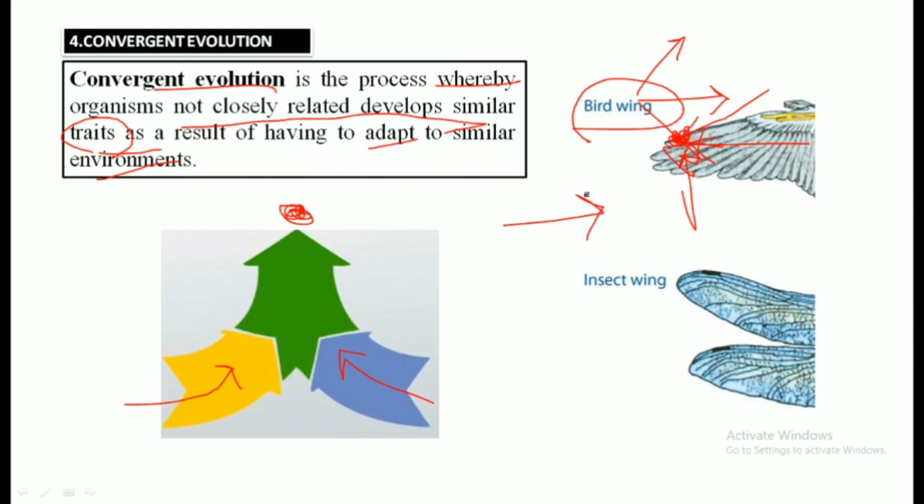The wings of birds and insect wings have the same type of characteristic, like both are used for flying. But they are not closely related. Insects don't have bones, but bird wings contain bone, and for adaptation to a similar environment they evolve wings. This is known as convergent evolution.